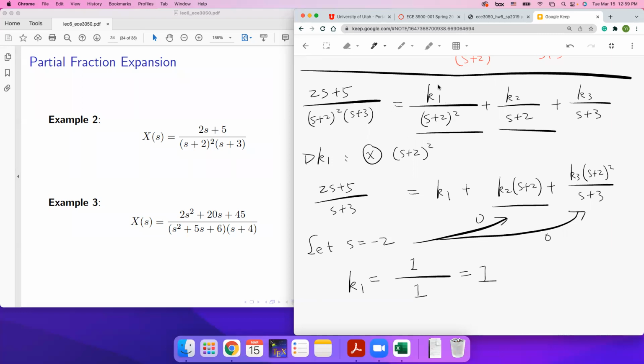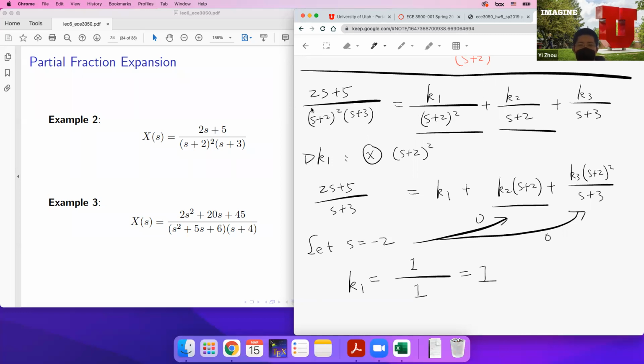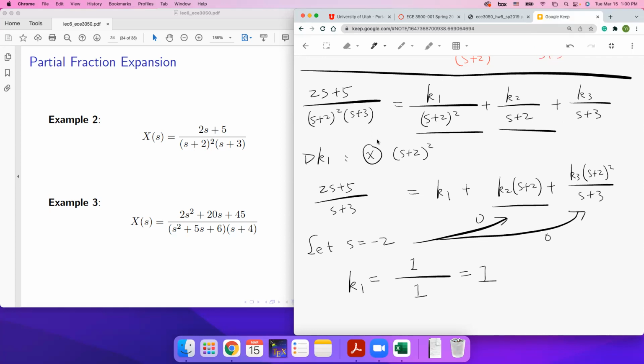Or is it just over s+2? We have to have this term here. Otherwise, these two terms will only give us (s+2) multiplied by (s+3) in the denominator, right? We will not have (s+2)^2.